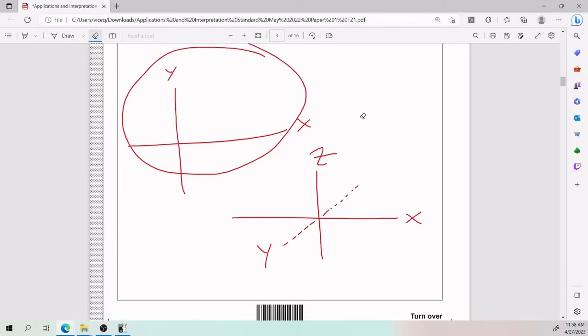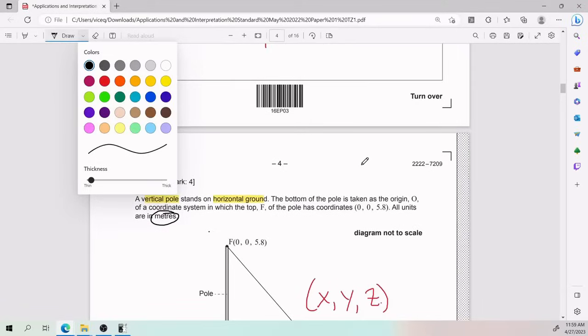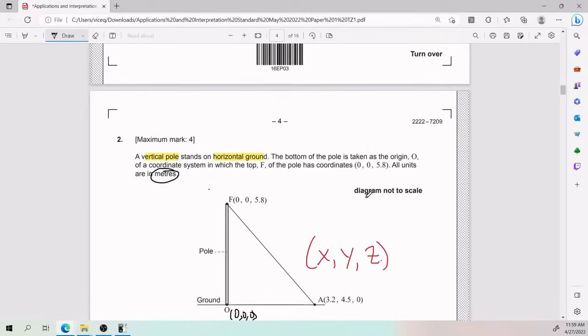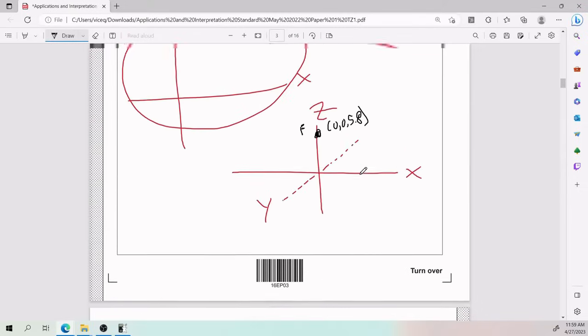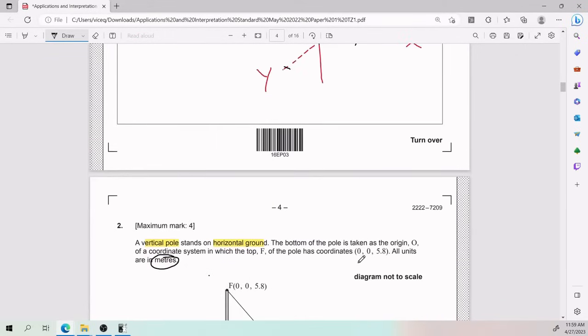So what is going on here is that the top of the pole, which is the point 0, 0, blah, blah, blah. So here we have F, which is 0, 0, 5.8. And your point A, which is 3.2, 4.5, 0, is going to be somewhere here. So you're going to have, I don't know, 3.2 around here, 4.5 around there, and 0.